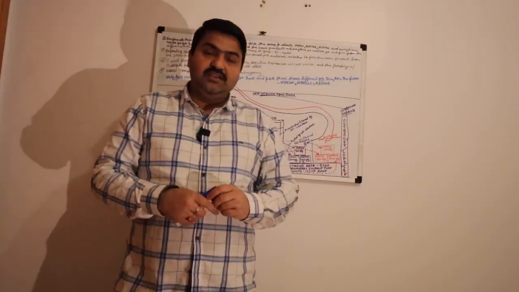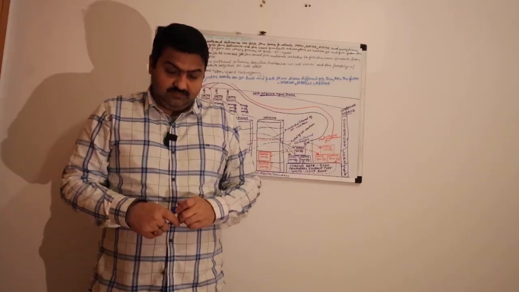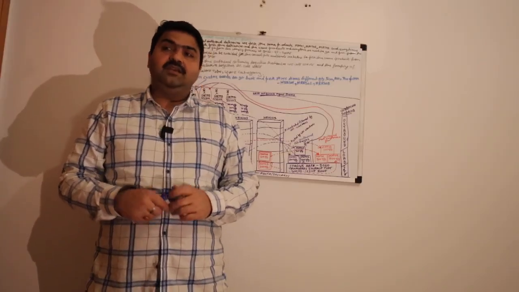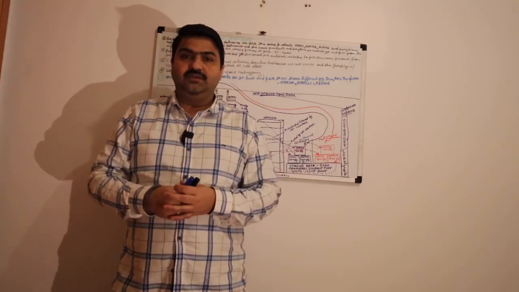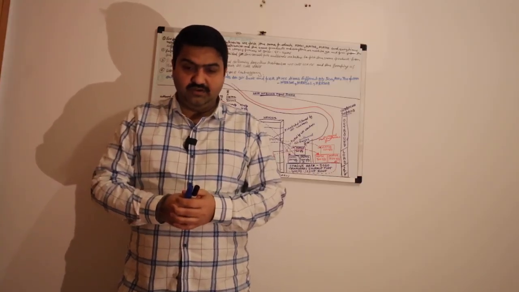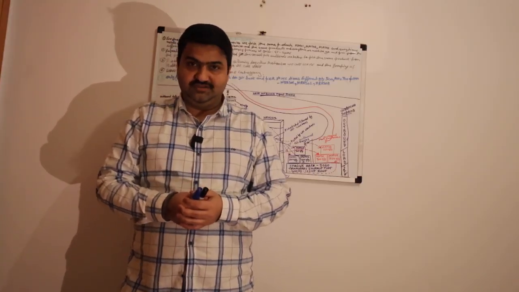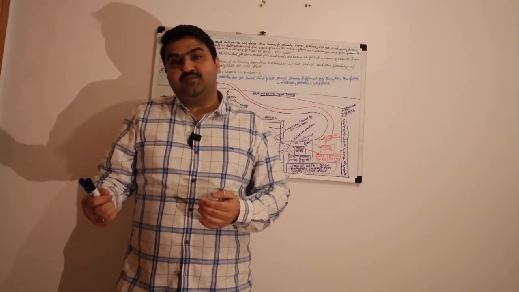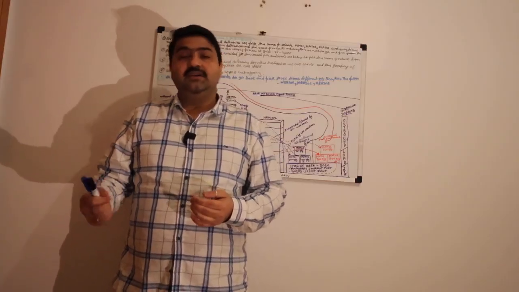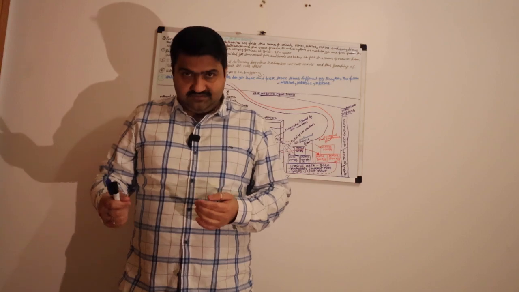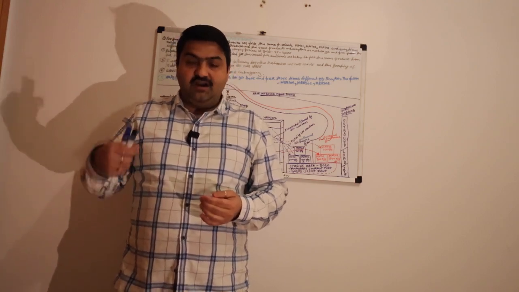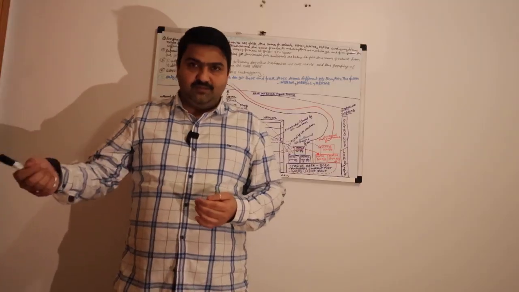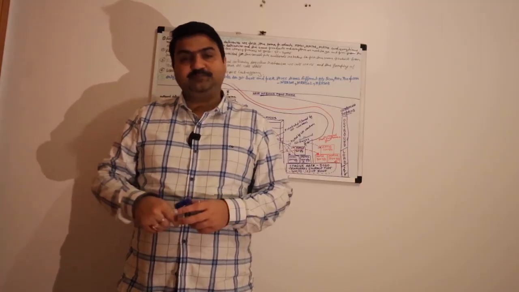Suppose, friends, we have multiple customers, 1, 2, 3, 4. That's fine. But when we talk about a complex warehouse business process, suppose we have multiple customers and we need to send the outbound delivery, we need to send the products to them.